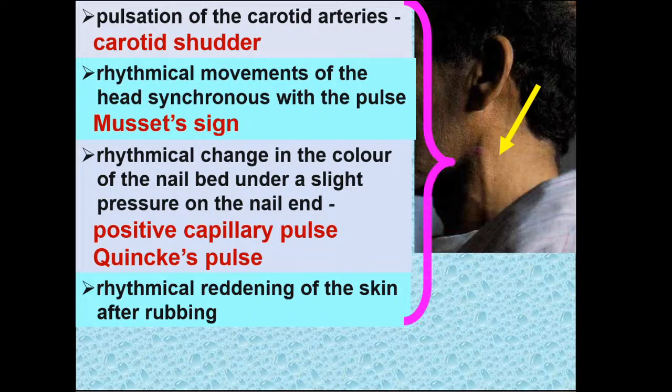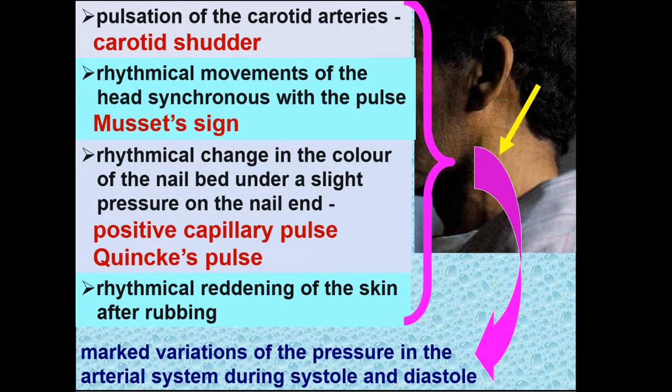All these symptoms are characteristic for aortic regurgitation and are connected with different volumes of circulated blood during the systolic and diastolic periods, and as a result, disordered blood pressure.